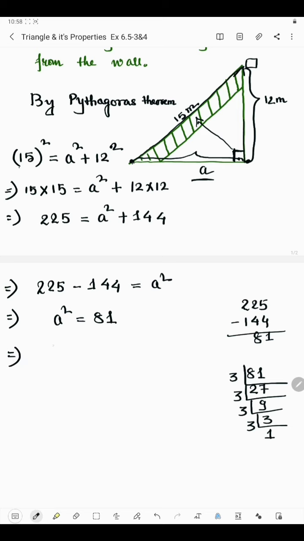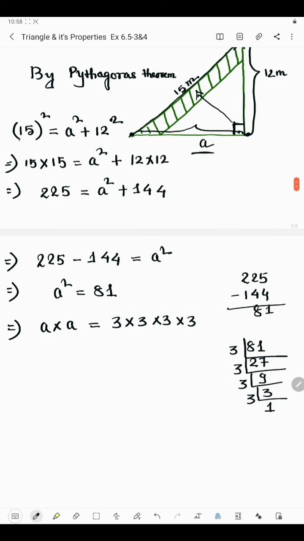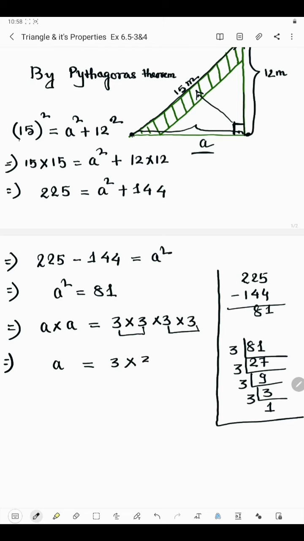So A square means A into A, and the factors of 81 is 3 into 3 into 3 into 3. Now from the pair we'll take 1. So from 2 As we'll take 1 A. And from this pair we'll take 1, and from this pair we'll take 1. So the value of A is 9.